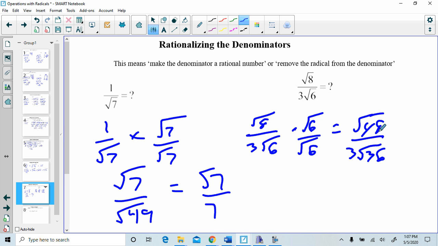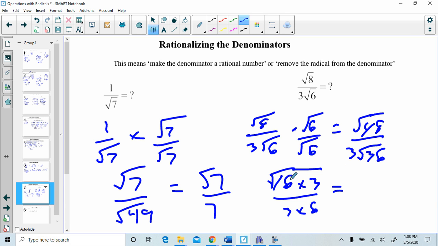So the top, we're going to create a perfect square times the other factor that gave you 48. So 16 being the perfect square times 3 is 48 over 3 times the square root of 36. We know that's 6. So 3 times 6.